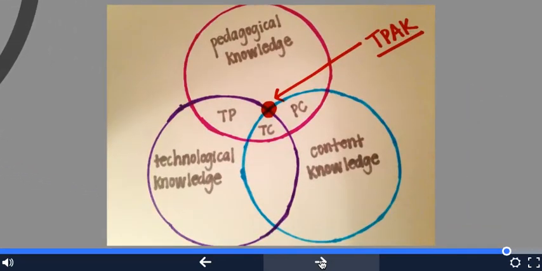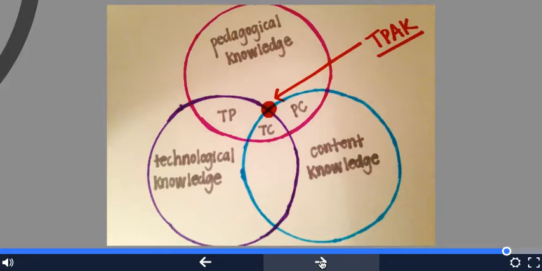It's 3 rings and they all interconnect. Content knowledge is the subject matter being taught. Pedagogical knowledge is the how, the tools or methodologies teachers use to instruct their students. Are they going to have direct instruction, inquiry-based teaching, group discussion, debate, etc.? Technological knowledge is the 3rd one.